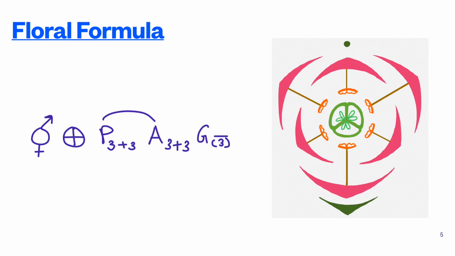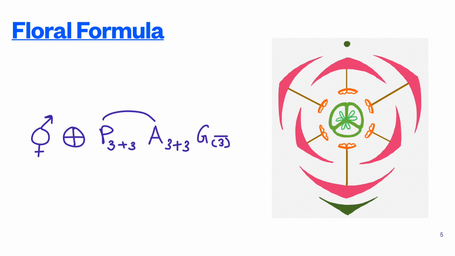The formula is written in a continuous pattern without commas or full stops. First symbol of the formula tells us about the bisexual or monoecious nature of flower. Then the actinomorphic symmetry is represented with the symbol. Letter P stands for perianth, and 3 plus 3 is 3 tepals in 2 whorls.